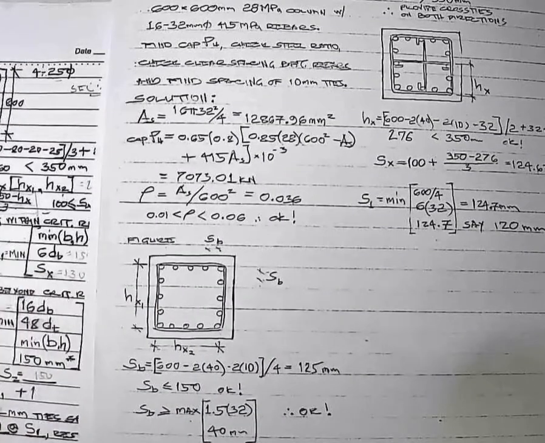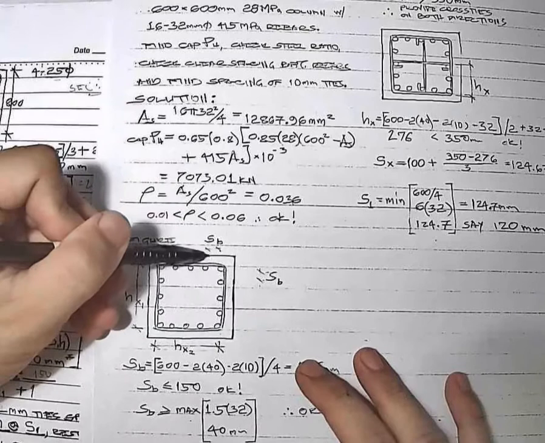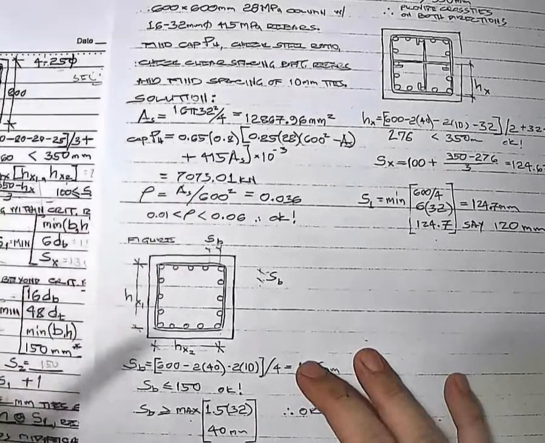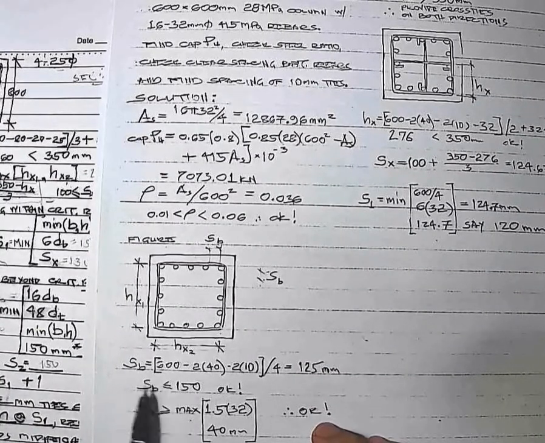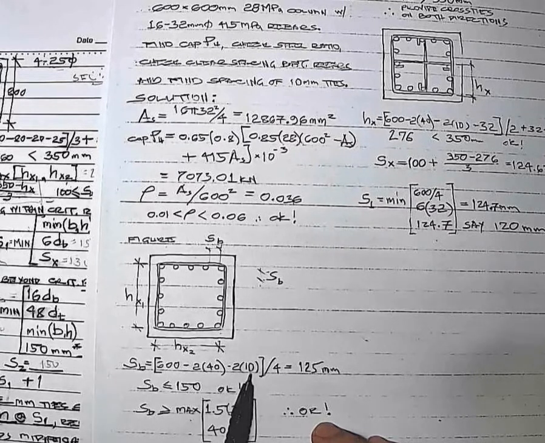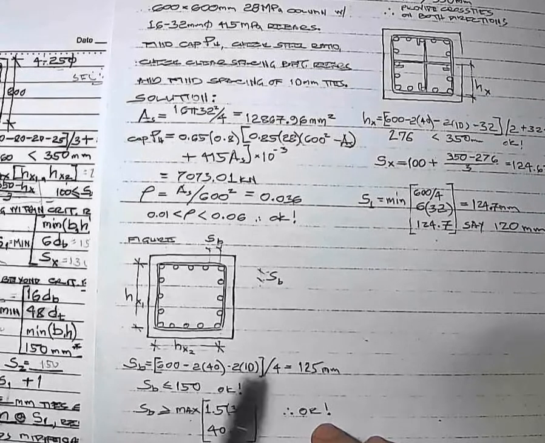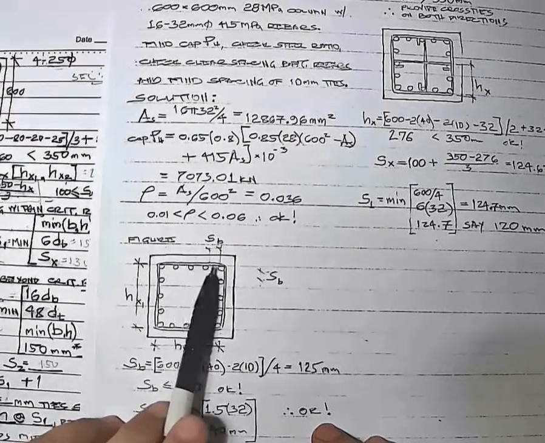Ngayon, ang clear spacing between rebars is yan. Okay? So, S sub B is equal to 600 minus twice of clear cover minus twice of diameter of ties. Yang divided by 4 na yan, eto yun, apat na spaces, 1, 2, 3, 4.